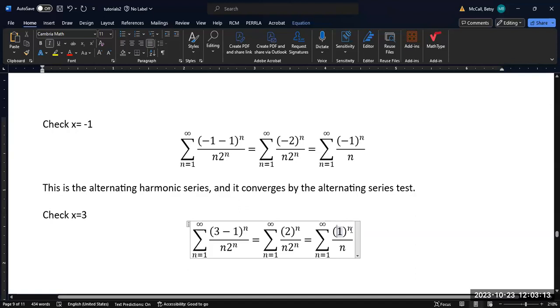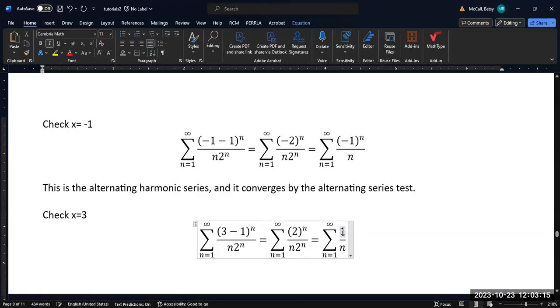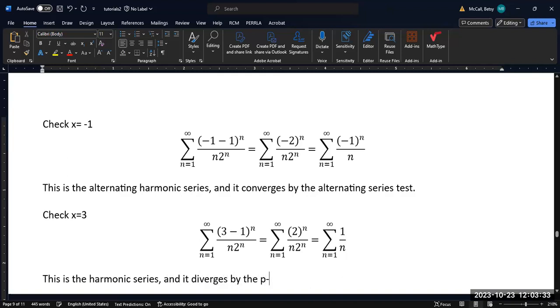So we're going to be left with just the regular harmonic series, and we know from the p-series that this does not converge. This is the harmonic series, and it diverges by the p-series test. Now, of course, you could also do this by the integral test.